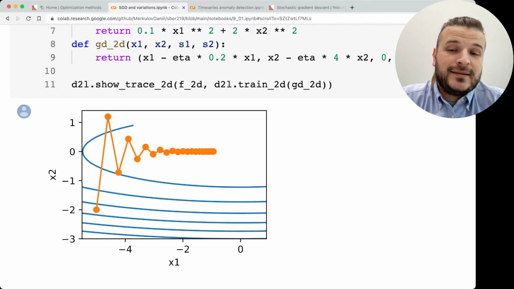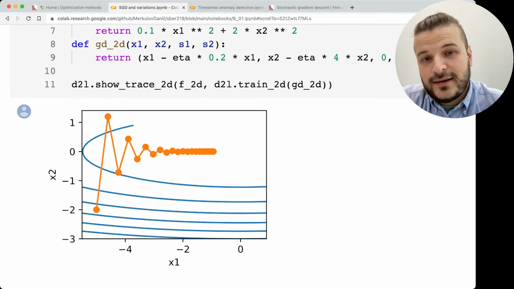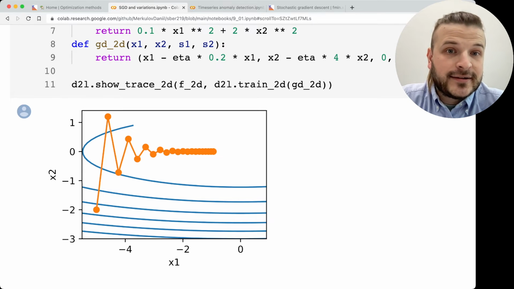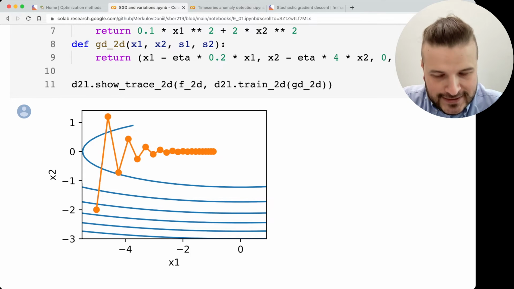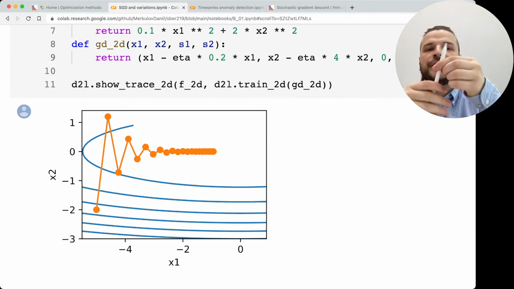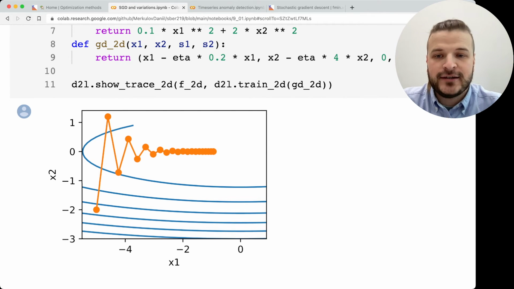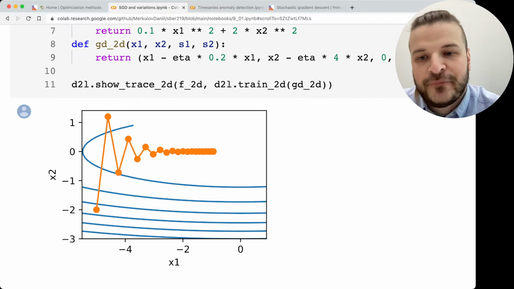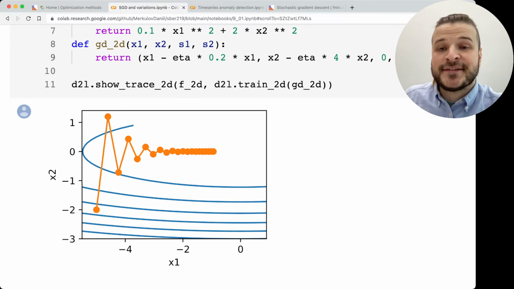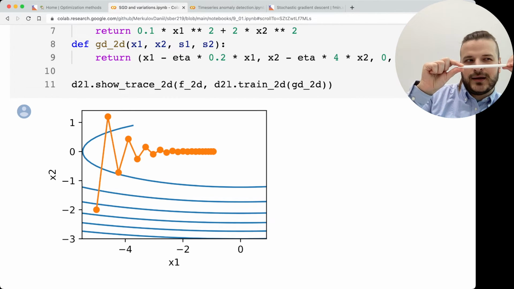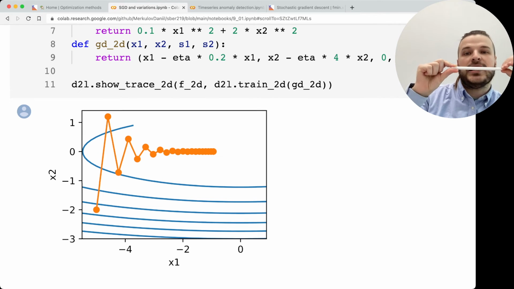And imagine that instead of going in the anti-gradient direction, you're going in a linear combination of the anti-gradient and a weighted sum of previous directions. If you sum the first step with the second step, with the third step, with the fourth step, and so on, you'll receive something pointing to the minimum.